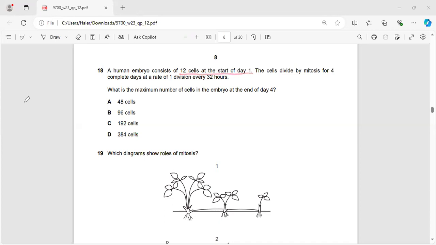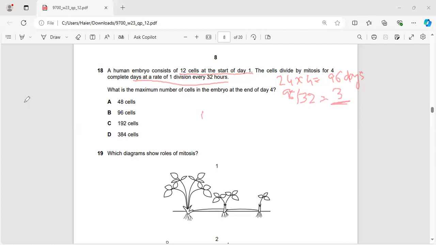The cell divides by mitosis for 4 complete days at a rate of 1 division every 32 hours. 4 days means 24 times 4 is equal to 96 hours. So we will divide 96 by 32. So it will be 3. So it means 3 divisions will be there.